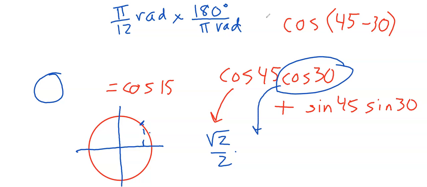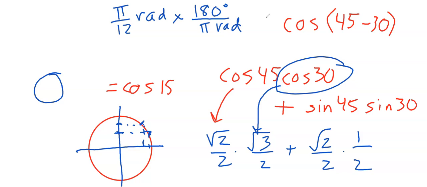Cosine of 30 is radical 3 over 2, closer to the outside edge. And then we have sine 45, radical 2 over 2, and the sine of 30, 1/2. Okay, show me your answer if you've already done it, and if not, then I'll be happy to.